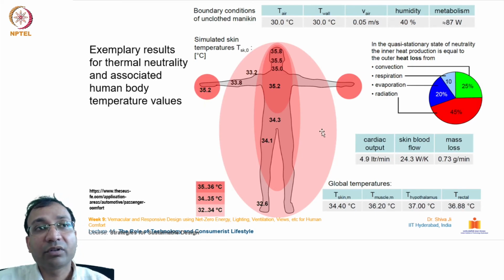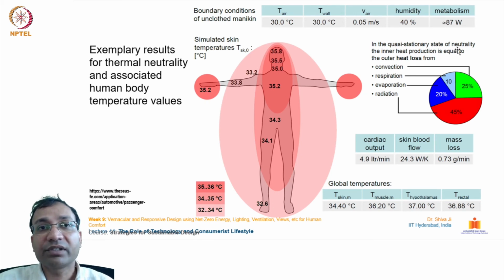So you can understand from here these body conditions of unclothed mankind. If the air is at 30 degrees centigrade, the wall is at 30 degrees, the air velocity is 0.05 meter per second, humidity is 40%, and the activity is at 87 watts, in this kind of situation, how is the body going to perform?